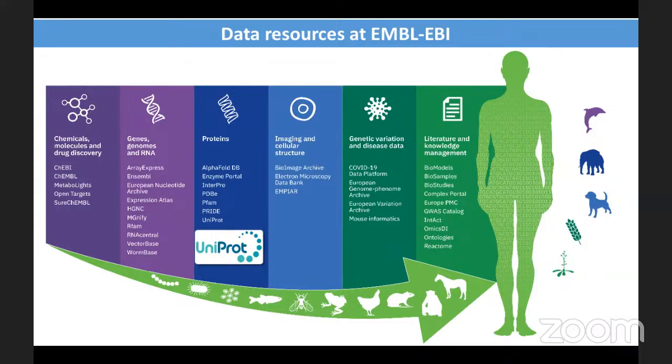EBI has database services for chemical molecules, drug discovery, genes, genomes, RNA, proteins, genetic variation, diseases, and literature. We at UniProt fall into the category of protein database services alongside PDB, Pfam, PROSITE, and InterPro.